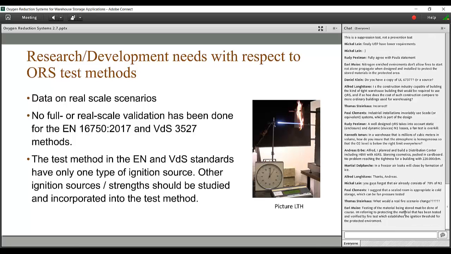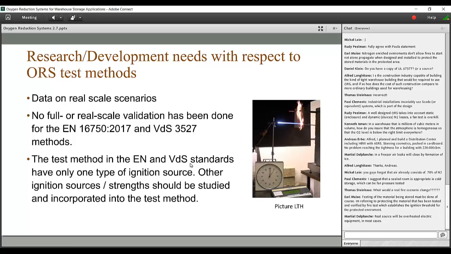What is important then is something which is in the guidelines, for instance, in ISO TC92, the Fire Safety Committee: when you want to develop a test, and in this case it's a kind of prescriptive test where you want to use that test for a design or an acceptance of a system, that type of test needs to be validated against a real scale or full scale type of test setup. And I think that's important.